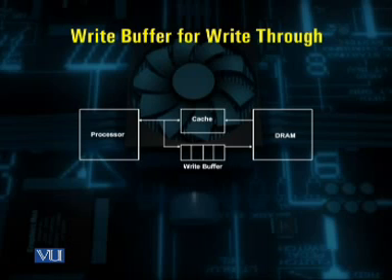Here you can see from this diagram that a buffer is introduced in between the processor and the DRAM. This buffer is just a FIFO memory, that is, first in, first out memory. Typically, it has 4 entries.